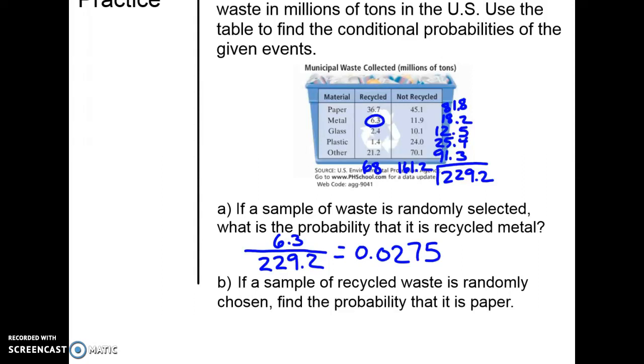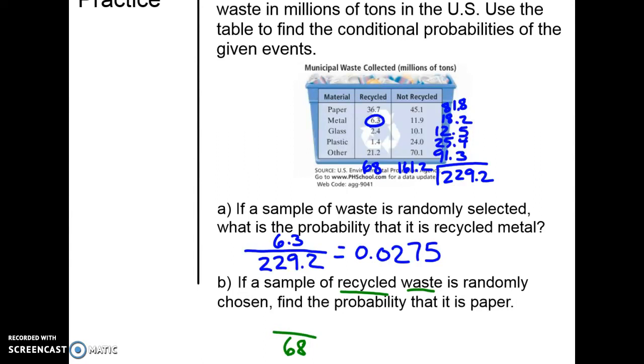So now down to letter B. If a sample of recycled waste is randomly chosen, find the probability that it is paper. Well, here we have 2 conditions. It's recycled waste. So recycled waste, our total would be 68. Because that's the condition that's put on, is just recycled waste.